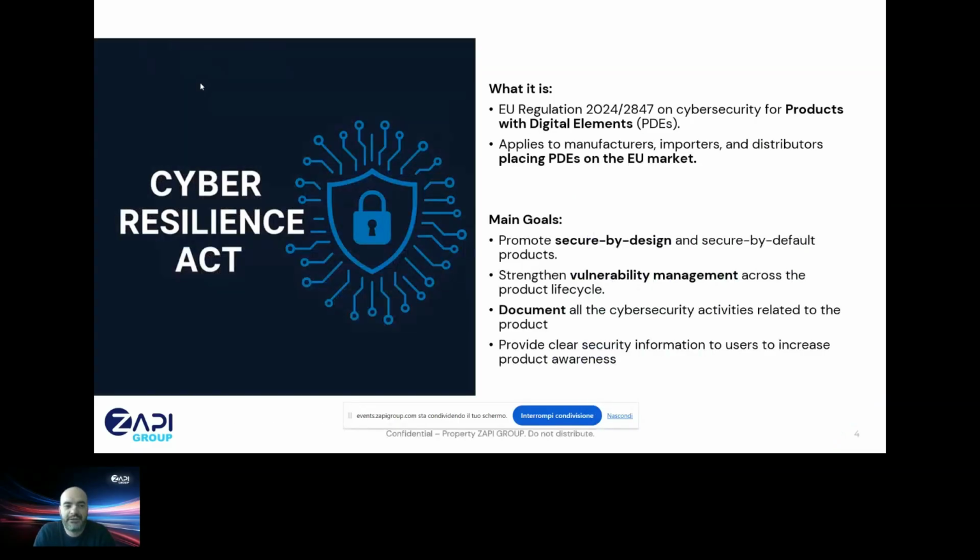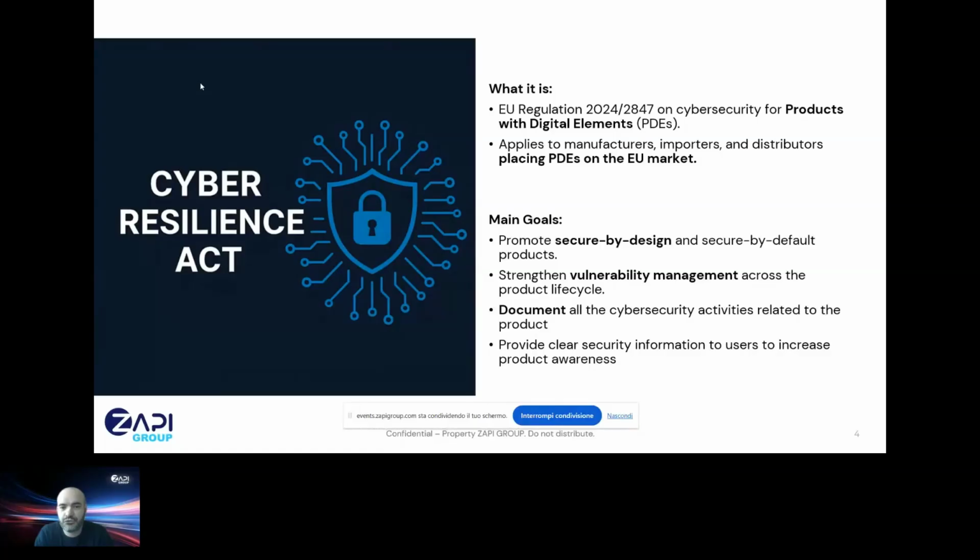So, if we start with the Cyber Resilience Act, this is a regulation released by the European Commission that is related to the cyber security of the product of digital elements that are manufactured, imported, or distributed in the European market. So the goal of this regulation basically is to introduce the secure by design approach into the product life cycle, and introduce also the vulnerability management.